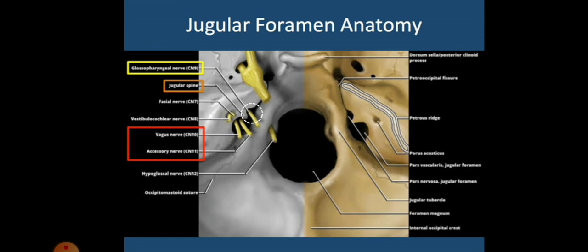So here is the overall picture showing the posterior cranial fossa having the cerebellum, then the transverse sinus and sigmoid sinus continuing as the internal jugular vein, passing through the jugular foramen along with the 9th, 10th and 11th cranial nerves.